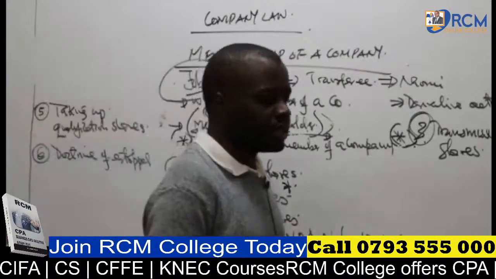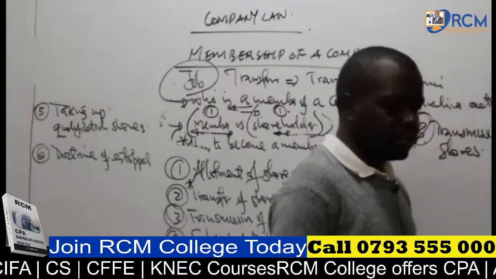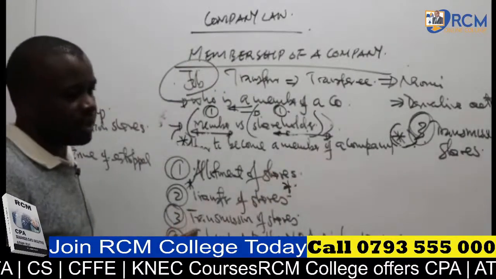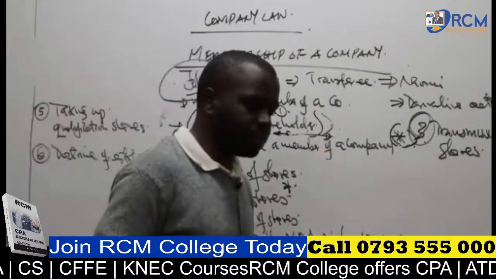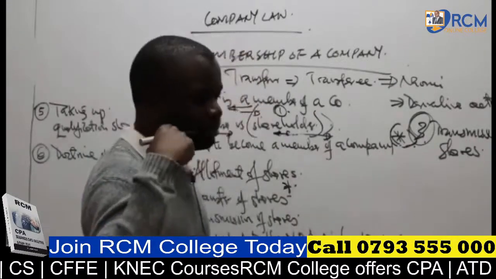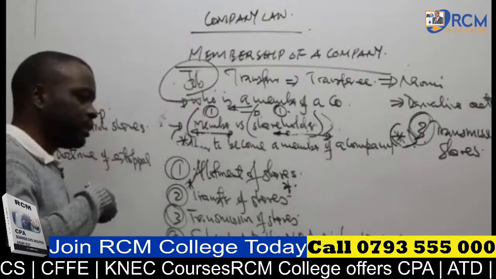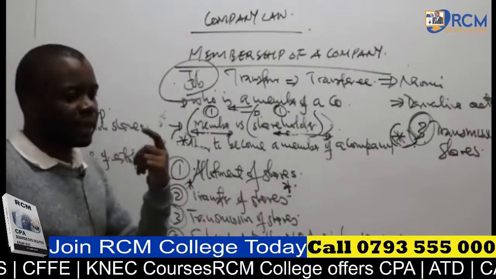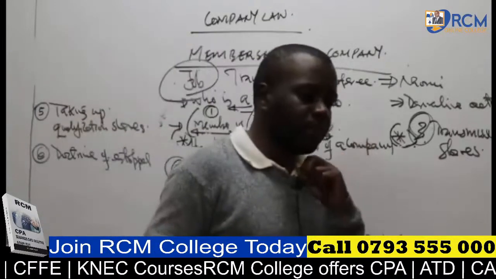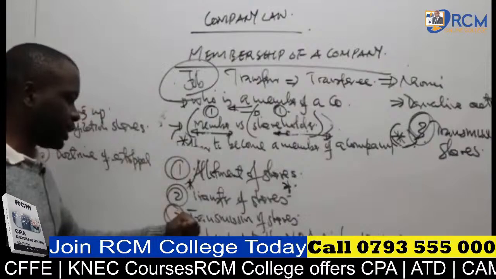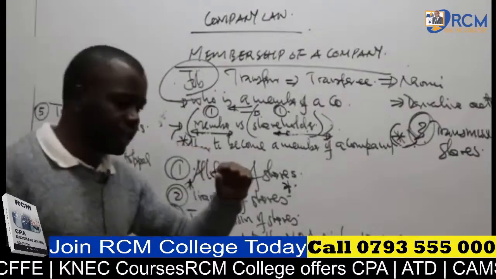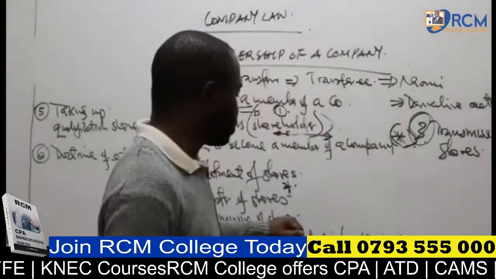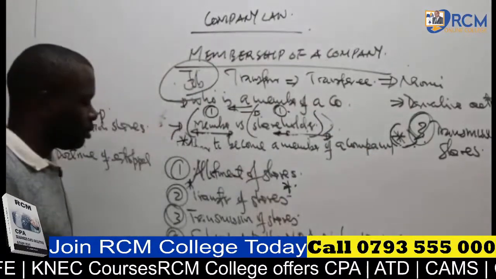This one also appears in both ways, becoming a member and ceasing to be a member, because there is one who is losing the membership and another who is gaining it. So transmission of shares leads to the beneficiary, trustee, or receiver becoming a shareholder and, quite obviously, a member of the company.